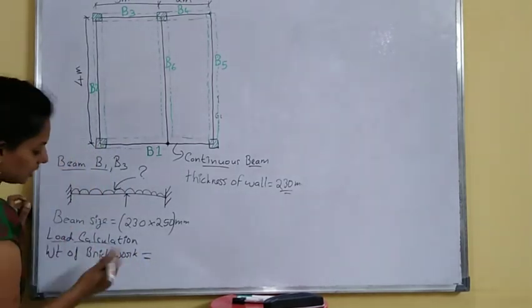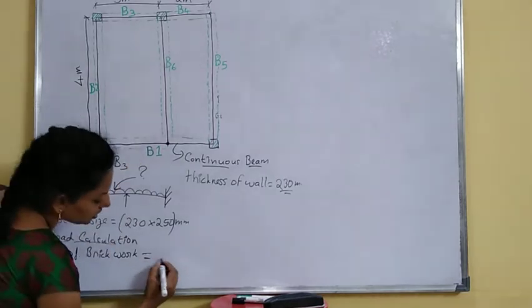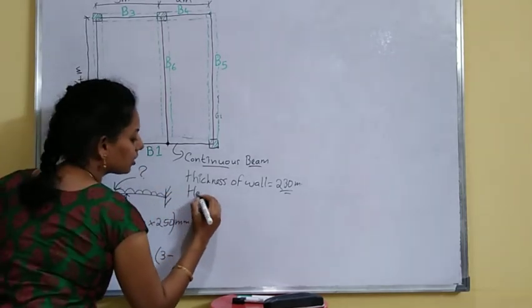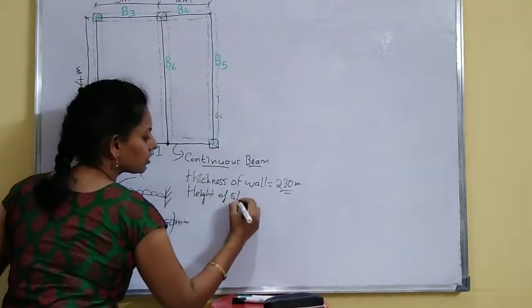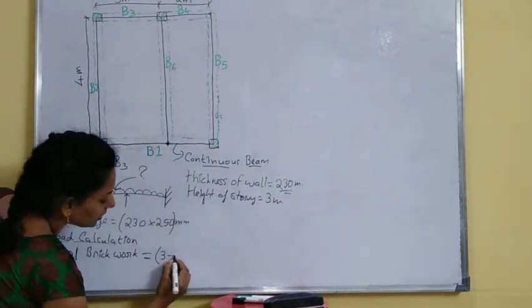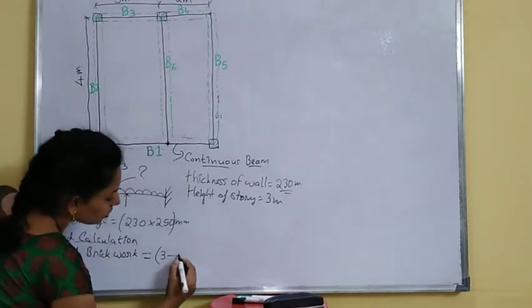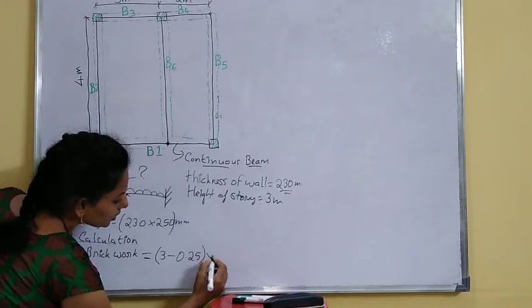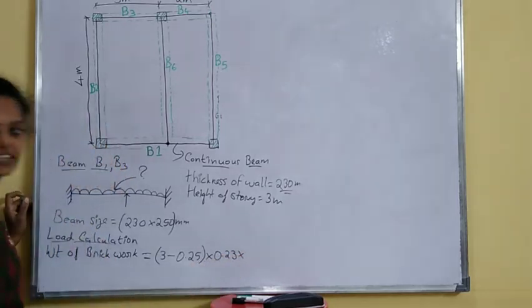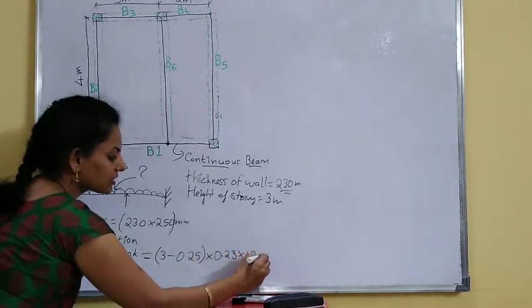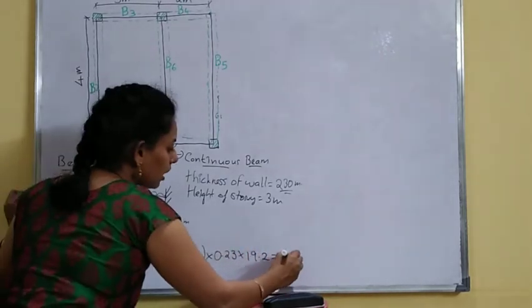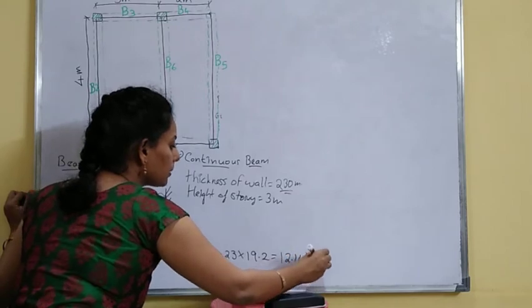That is the weight of brickwork: height of the wall, so here 3 minus, considering height of story is 3 meter, you have to subtract the depth of the beam, so 0.25, into thickness of the wall, 0.23, into density of the brickwork, 19.2. So your value will be 12.14 kilonewton per meter.